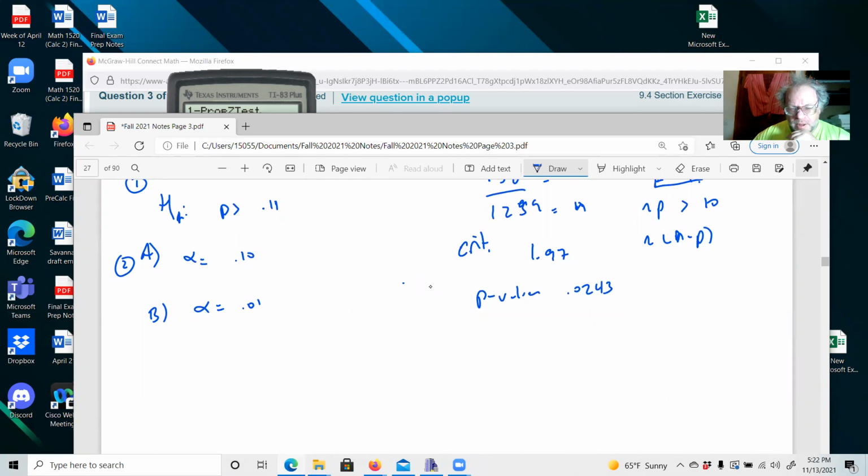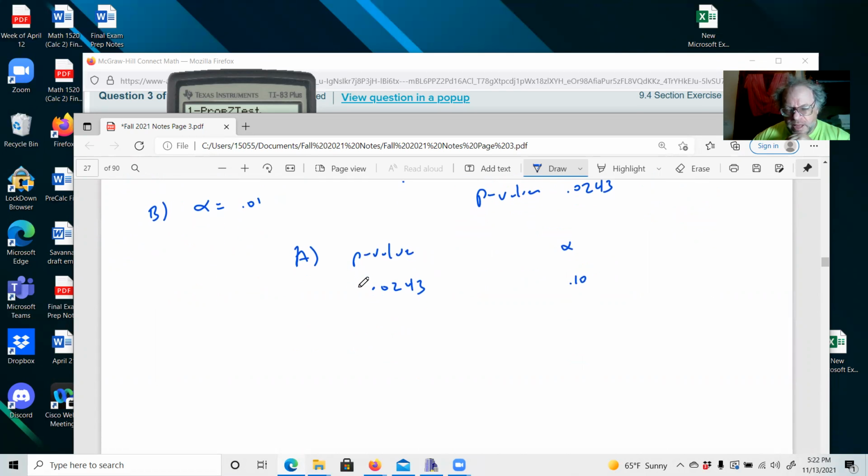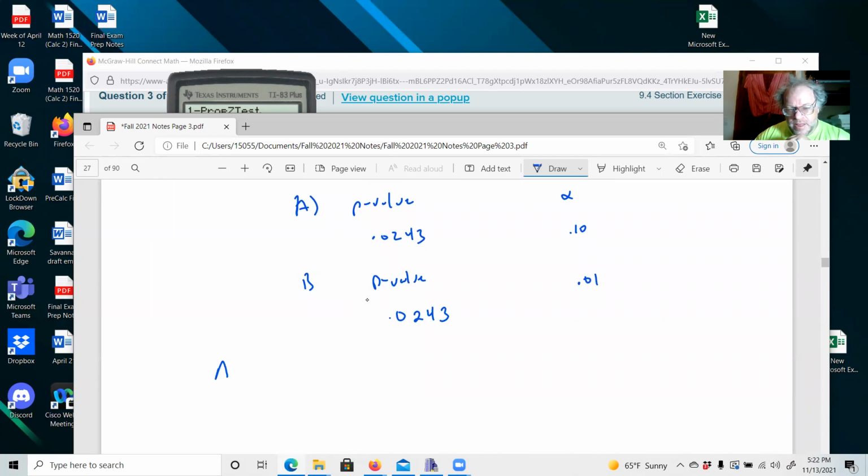So there we go. In part A, our p-value is 0.0243. Our alpha was 0.10. In part B, the p-value doesn't change, 0.0243, and alpha was 0.01. So in part A, we said unusual is 10%, and your result is about 2% likely.